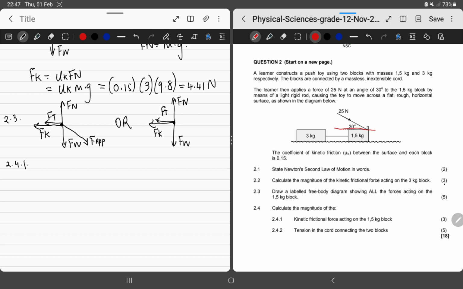So I will have F applied parallel and F applied perpendicular. If I draw a Cartesian plane, this is the 25 newtons force being applied, and then I'll have one that goes in that direction and the other in that direction.